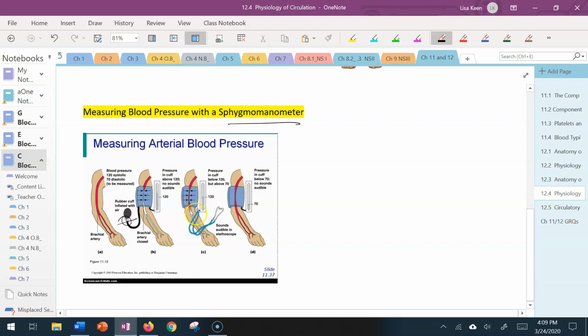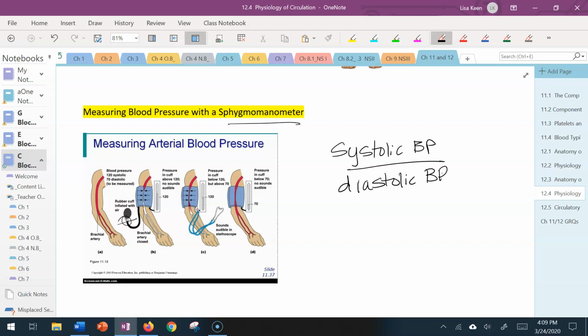And we want to take two different measurements when it comes to your blood pressure. We want to take the systolic blood pressure over the diastolic blood pressure. And the systolic blood pressure is the amount of energy that's being exerted on the walls of an artery as the left ventricle is contracting.